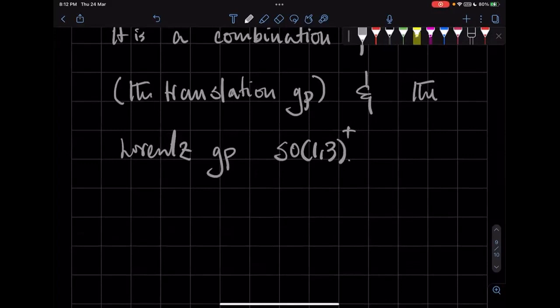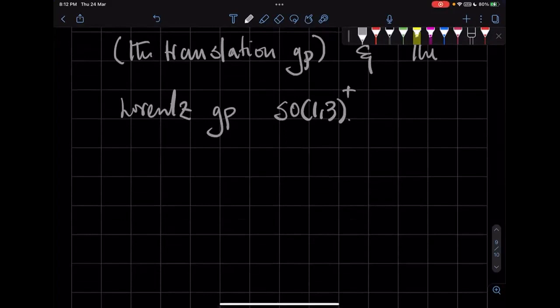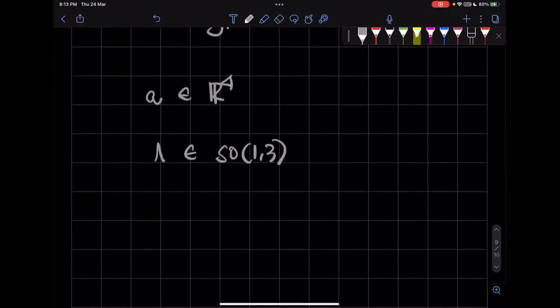Now, this is not a simple product. And to see this, let's take an element a from R4 and lambda from SO1,3. And call this element, let's take this ordered pair of these guys, right?